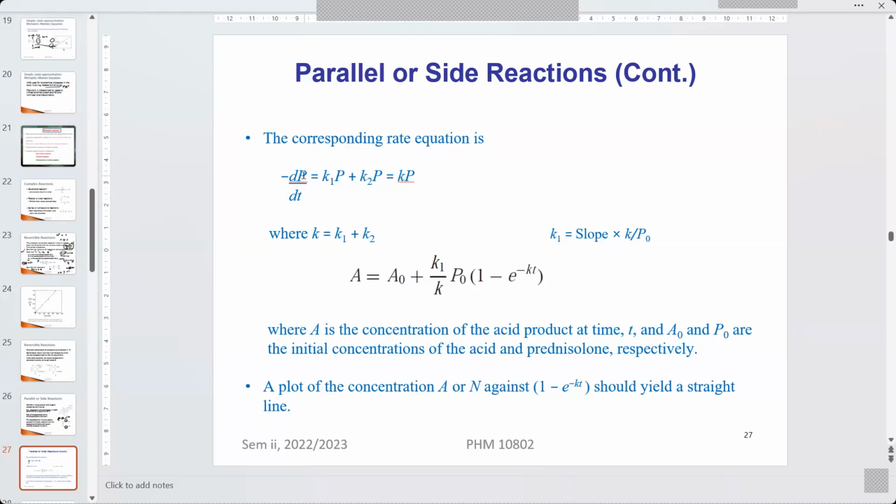So change in the amount of P at certain time interval means the rate of degradation of P is equal to K1 times P plus K2 times P. Okay, so this is an old equation, that is rate of reaction is proportional to K times P, but K here is equal to K1 plus K2. Okay, because you have two reactions occurring simultaneously.